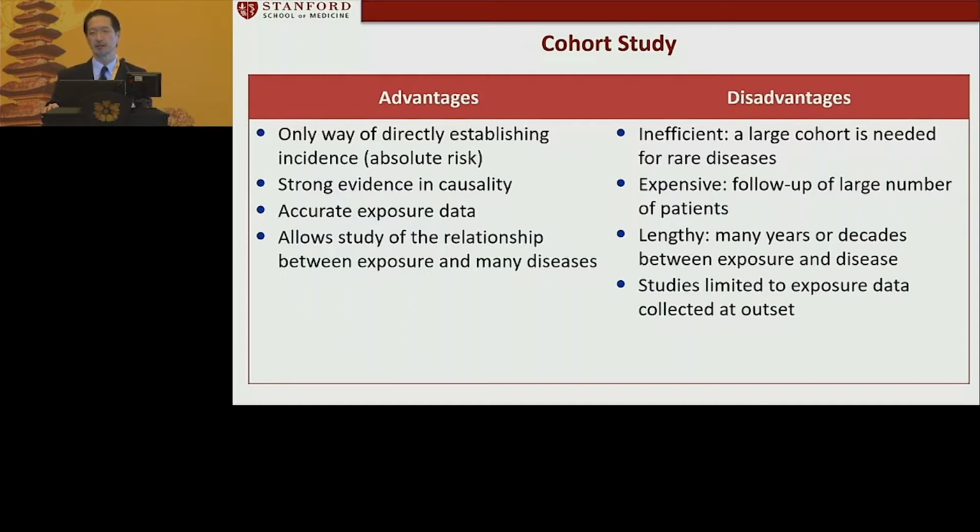However, cohort studies are disadvantageous because they are inefficient. You need to have a large cohort. You will have to follow a whole city full of people to do the study. It is very expensive because of the large number of people and the long duration of follow-up. Again, it is a lengthy study.